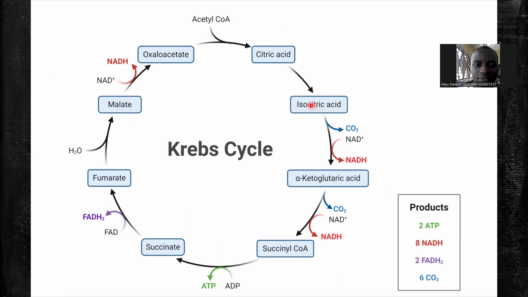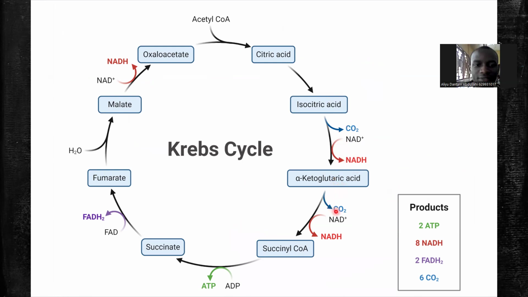Okay, and then isocitrate dehydrogenase decarboxylates. It removes a molecule of CO2 from isocitrate to produce alpha ketoglutarate. And this enzyme reduces NAD plus to NADH while oxidizing isocitrate to alpha ketoglutarate.